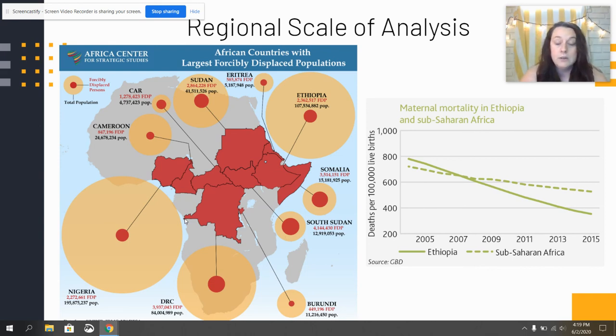And so when I'm looking at this regional scale of analysis, it's beneficial to look at all of these countries as a region themselves because they're going to share a lot of similar characteristics.